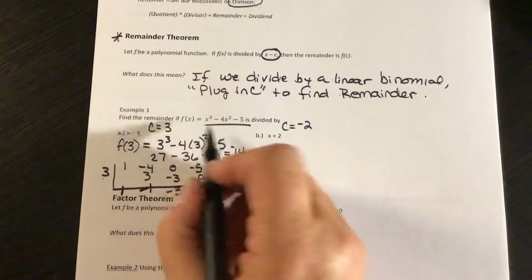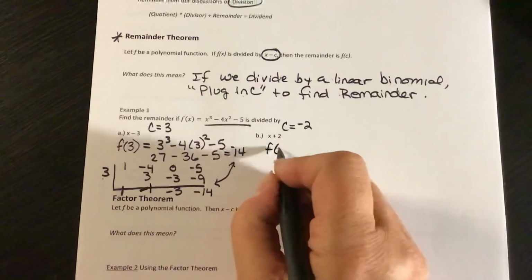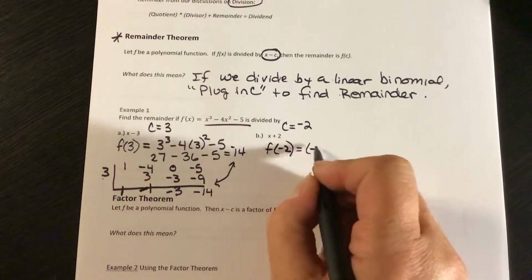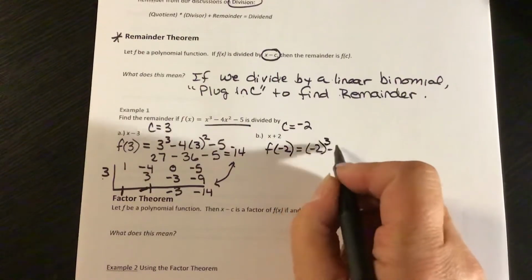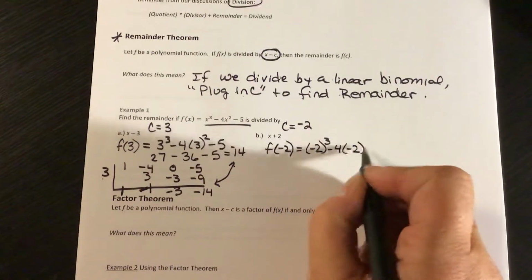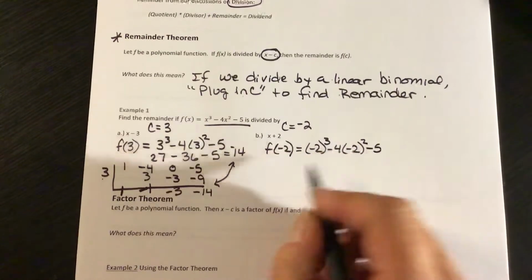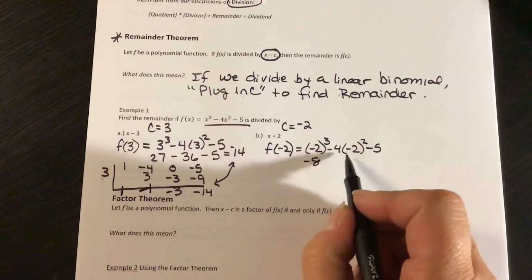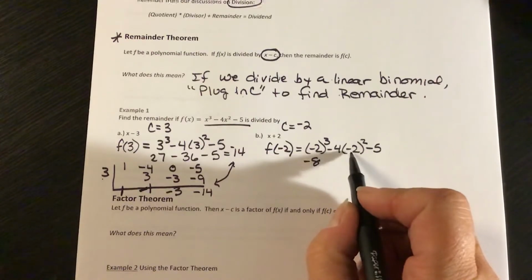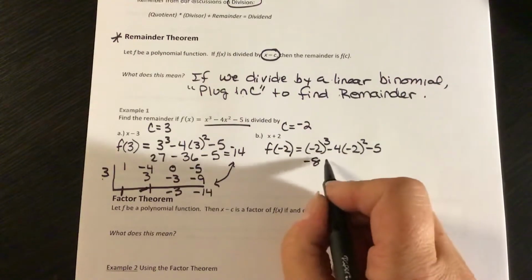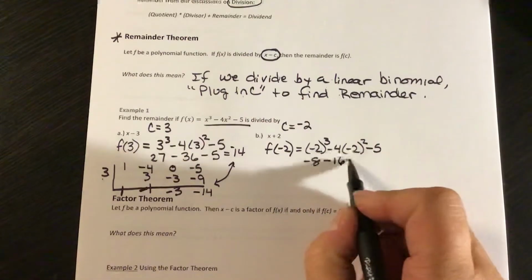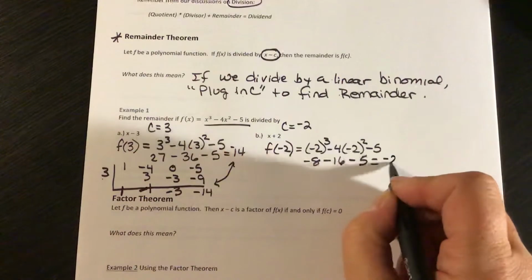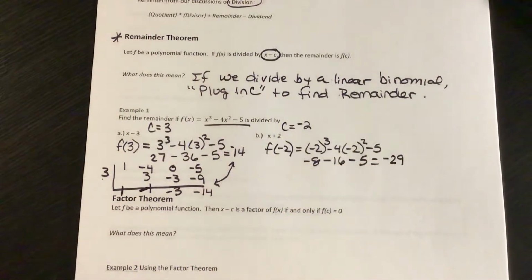So if I plug in negative 2 into my function, I'm going to have negative 2 to the third power minus 4 times negative 2 squared minus 5. So this would be negative 8, and this is minus 4 times 4, that's minus 16, and then minus 5, and that gives me negative 29.